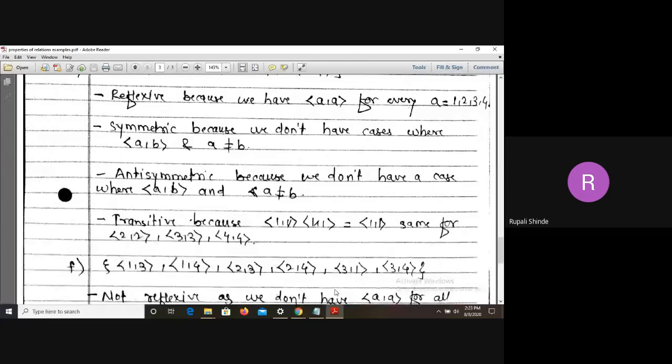If this is not reflexive, then not antisymmetric as well. And last one, irreflexive. Yes, irreflexive, because there is no reflexive element.